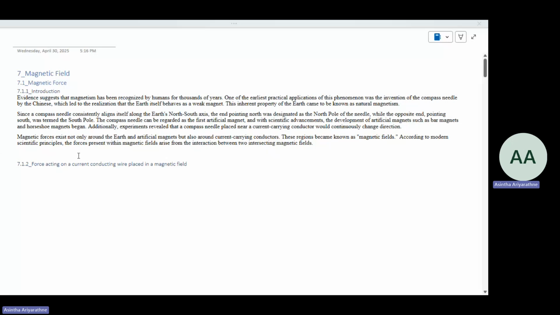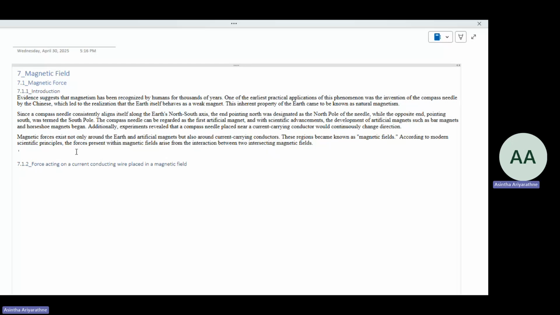I hope you have heard about this magnetic field, because in waves we learned about electromagnetic waves, which were governed by electric and magnetic fields. We have already learned about the electric fields, and here it is the magnetic field.